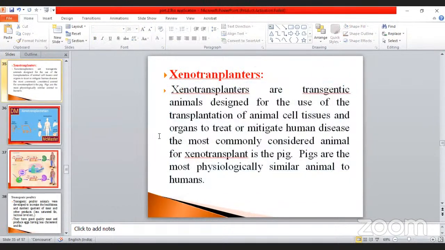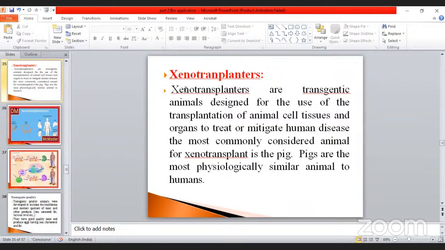See here, xenotransplanters. What is the meaning of xenotransplanters? Xeno means, suppose, to take an example, any one of the animals' organs we may transplant into the human being. Take an example, heart failure. What happened? Sometimes they took from monkeys.